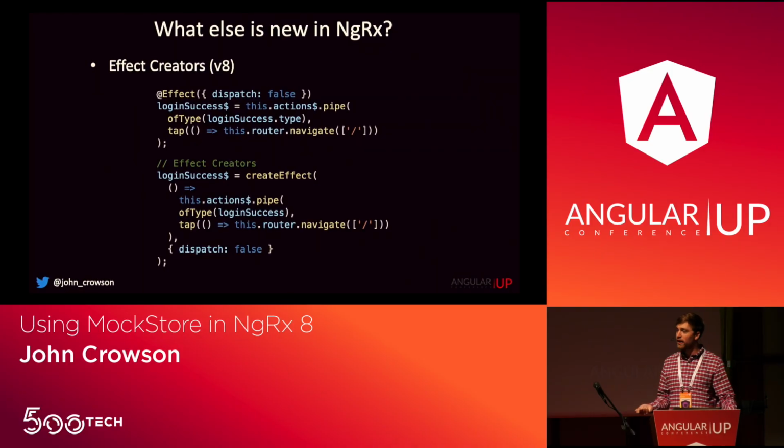Secondly, in version 8, again, version 8 released just last week, we now have effect creators. Some of the small differences you see here are we're no longer using the effect decorator. Dispatch is now just a last parameter. And one other thing that I really like about effect creators is now, if you do not dispatch, so if dispatch is false, your effect does not emit any actions, you do not have to map back to an action to avoid a compiler error.